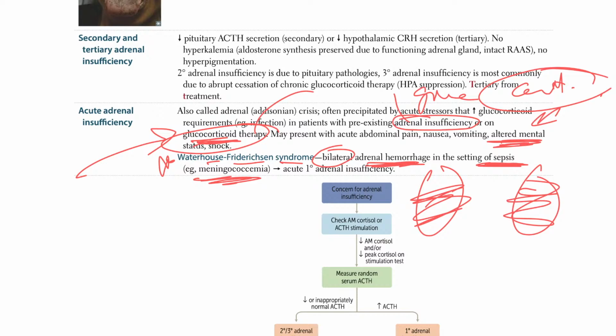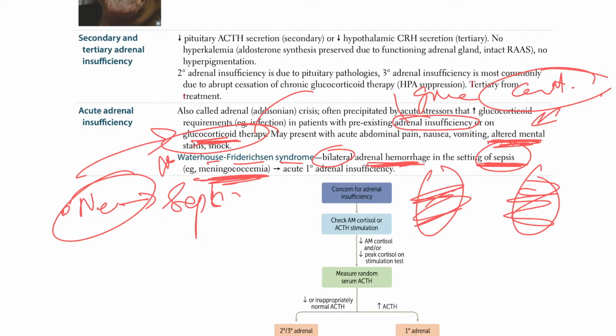So, meningococcemia, which is meningitis, right? So let's talk about this. Neisseria meningitidis will cause meningococcemia, which is meningococcal septicemia, which is essentially sepsis. So let's just put it simply: sepsis. Neisseria meningitidis causes sepsis.